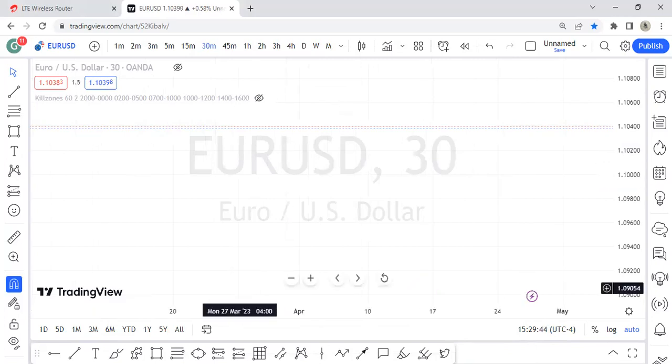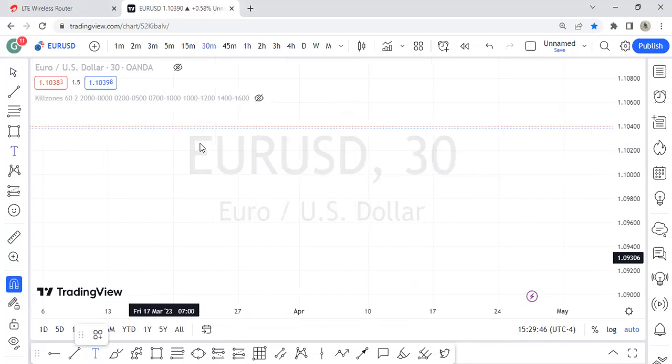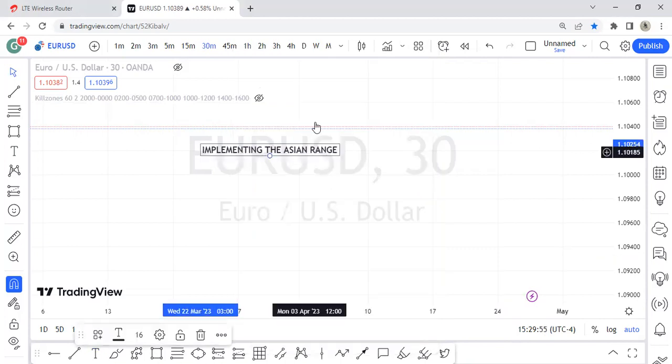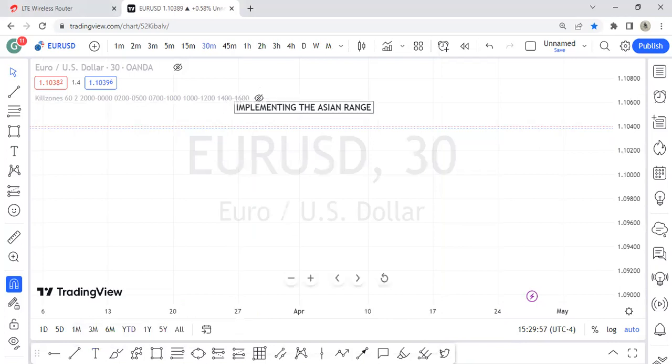So let's put this back on. We are talking about implementing the Asian range. This is the topic once again, and let's begin. Under this model, I said I was talking about several things, including understanding the Asian liquidity, and I've introduced the time window you're looking at.